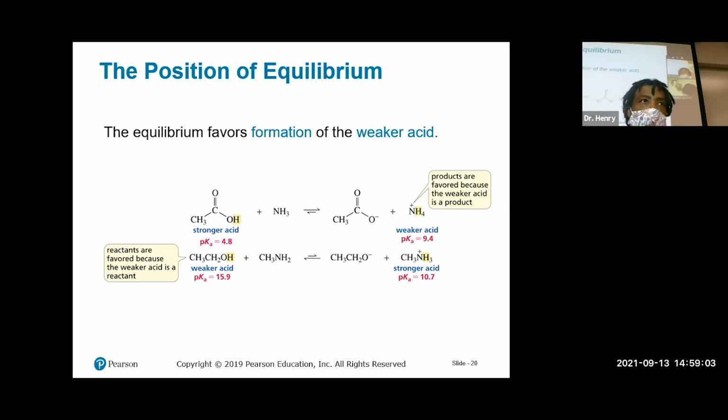Okay, so the equilibrium favors the formation of the weaker acid. This guy is the stronger acid. This guy is the weaker acid. So we're going to be driving the reaction the other way. Okay. Here, this guy is the weaker acid. This guy is the stronger acid. So then we're going to be driving it in this direction.